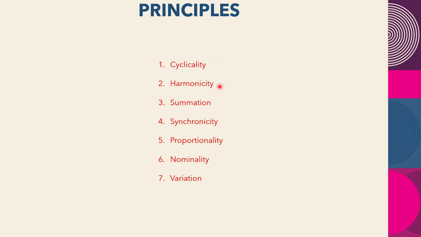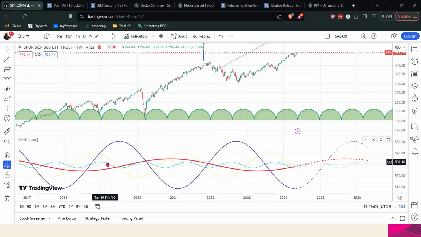Harmonicity. A cycle's harmonics are related by multiples of 2 or 3, sometimes 4 as well. In this blue cycle, if we consider this a main cycle or dominant cycle, compared to red, a single red cycle comprises 1, 2, 3, 4 blue cycles. So if blue cycle is considered to be the main cycle or dominant cycle, this red cycle is 1/4 harmonic of blue cycle.